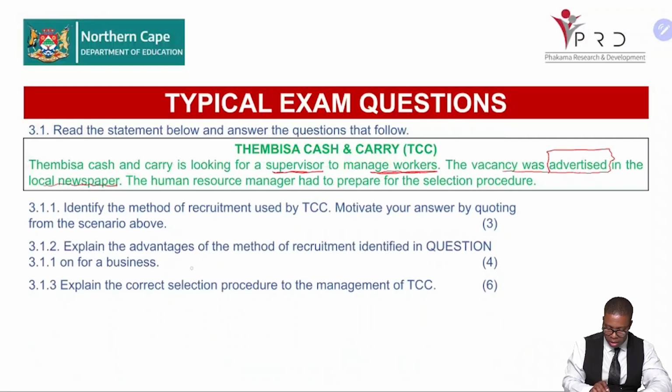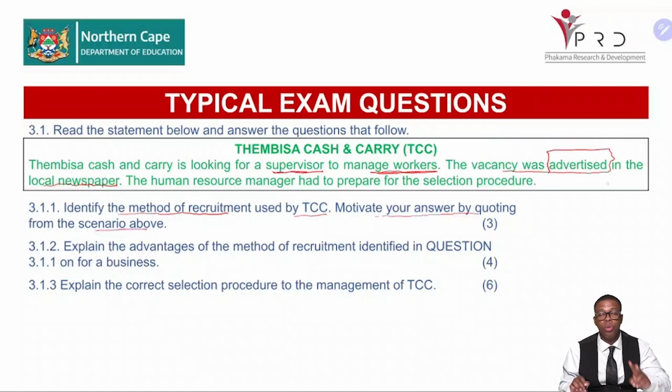Now, let's check. In the local newspaper. Now, identify the method of recruitment used by TCC. Motivate your answer by quoting from the scenario. We have 2 methods of recruitment: internal recruitment and external recruitment.